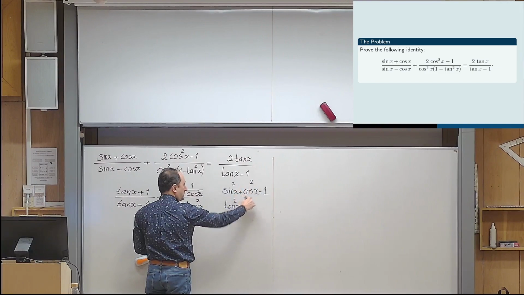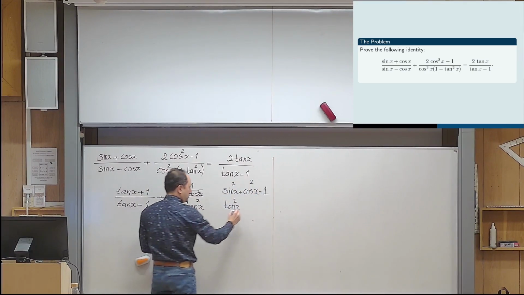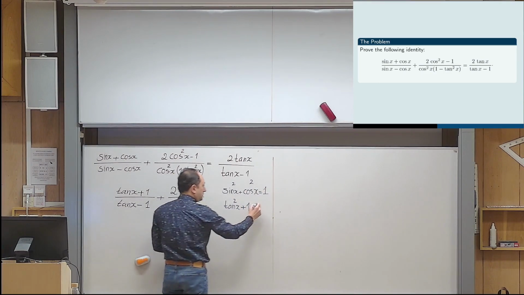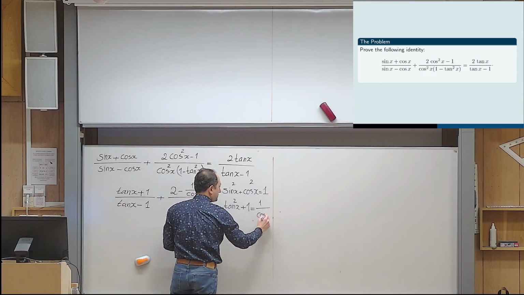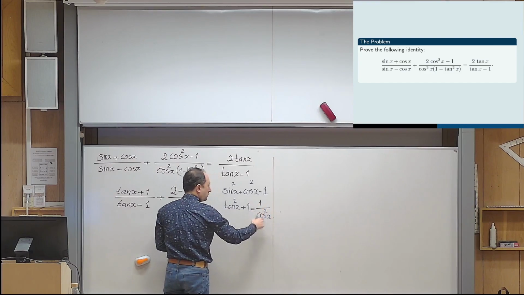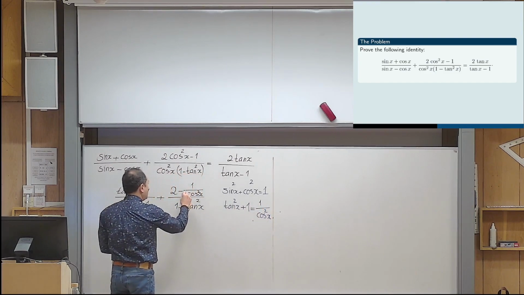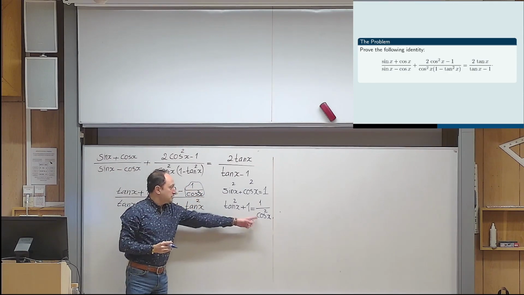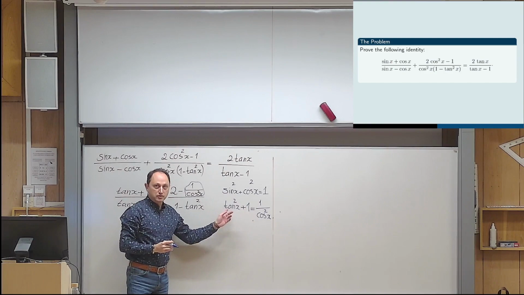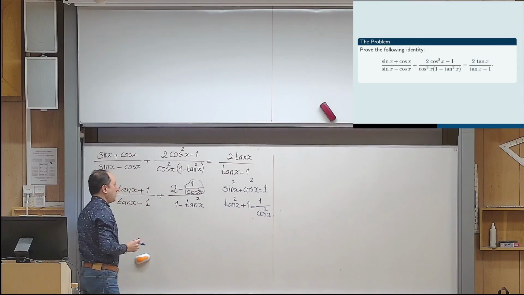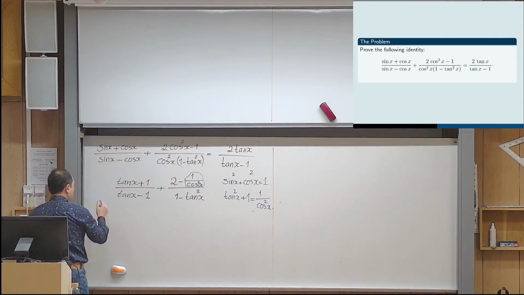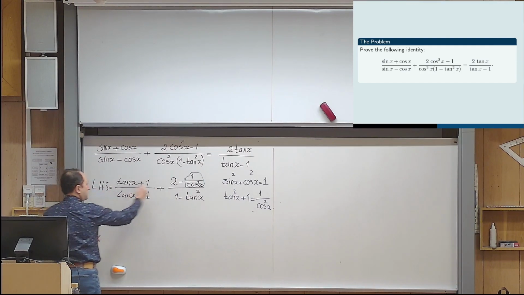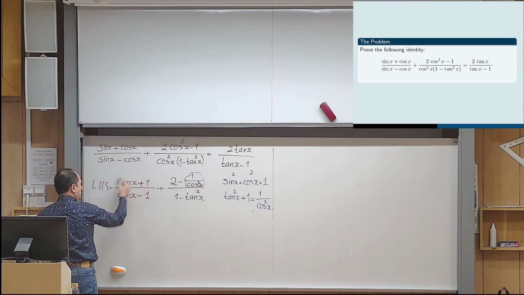If I divide this by cosine x squared, it becomes 1. And if I divide this by cosine x squared, it becomes exactly the combination that I need, meaning 1 over cosine x squared. So this means that this expression can also be written in terms of tangent of x using this formula. So I will continue. I would write here the left-hand side is equal to, so far, I copy and paste this once more.